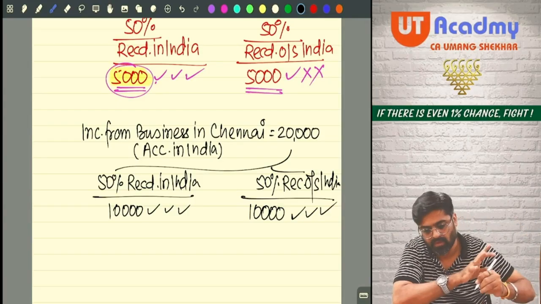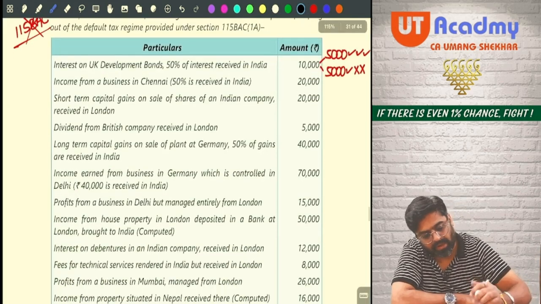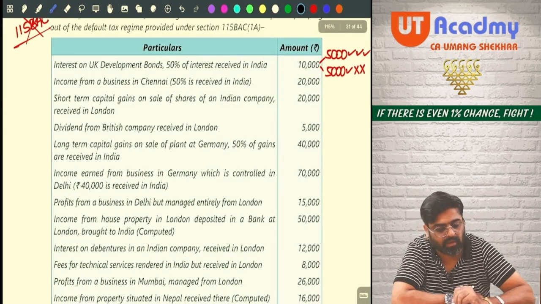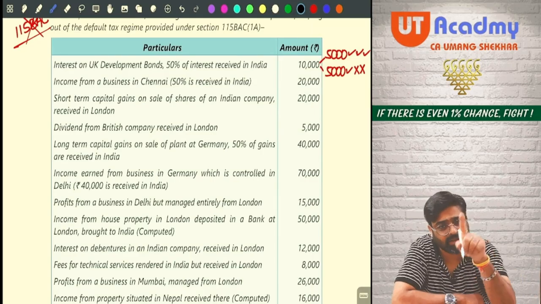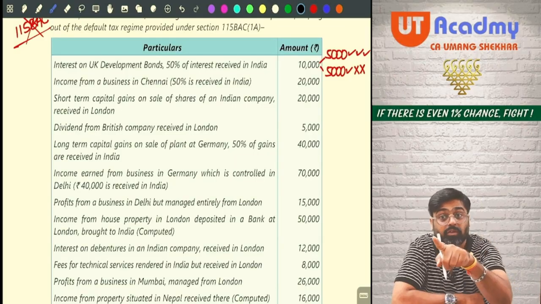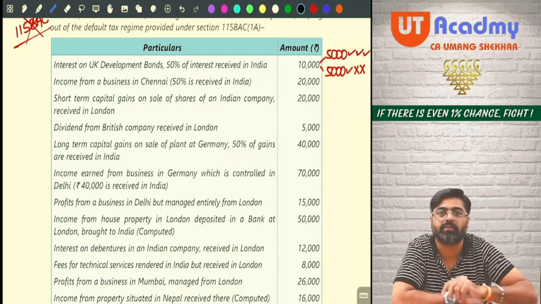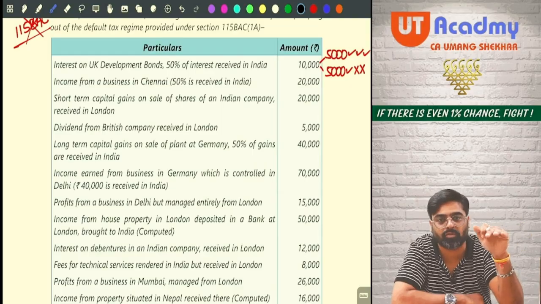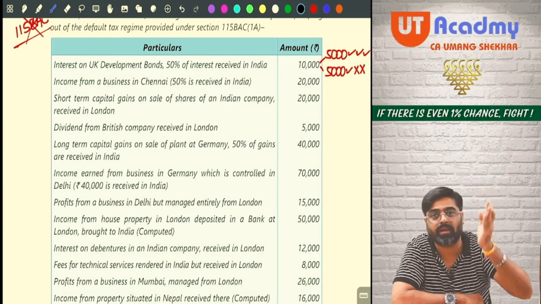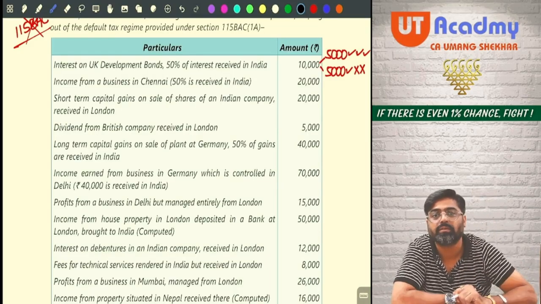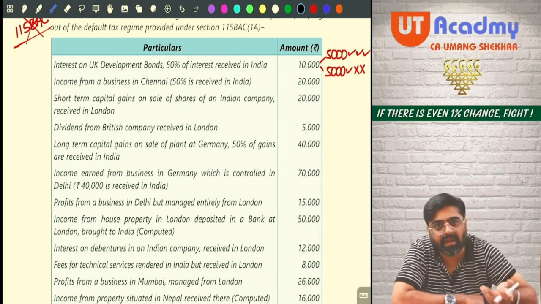Done? Okay. Next one. Short-term capital gain on sale of shares of an Indian company received in London. Do you remember illustration number 5 we did? Same point was there: shares of an Indian company sold and the amount was received in Germany. Now instead of Germany, you are receiving in London. Will it make any difference?